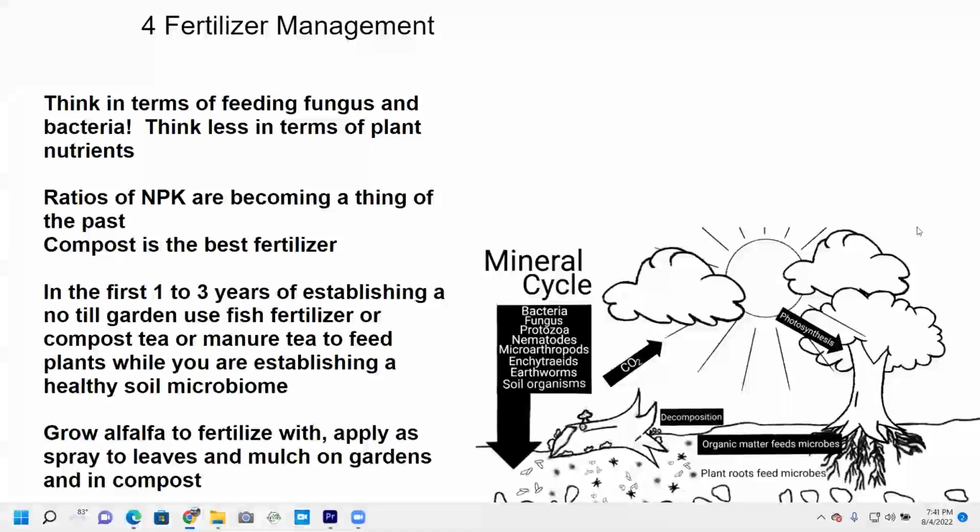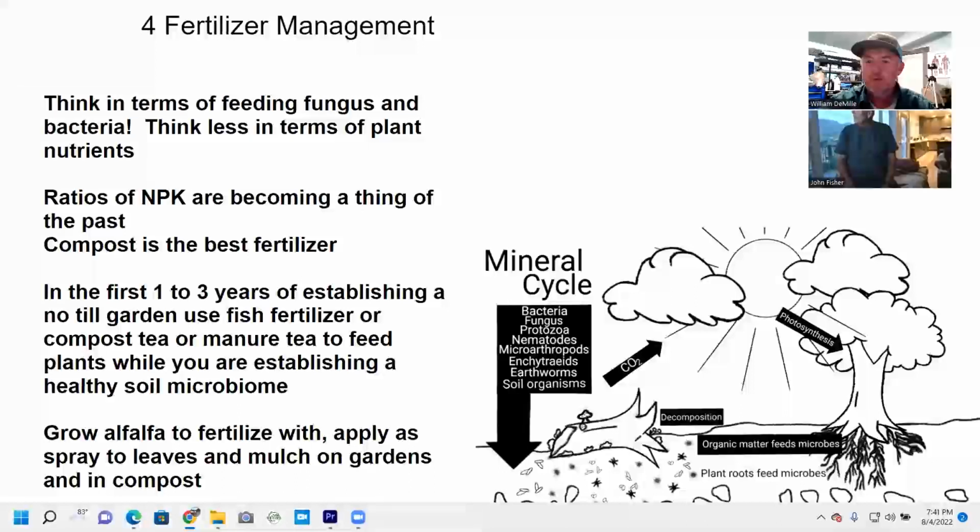Okay, how about corn cobs? As far as bacterial food and fungal food, if you pick your corn when it is super green, it's starting to mature but not completely mature yet.